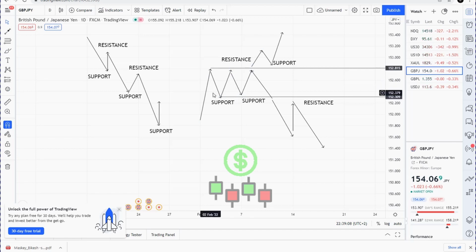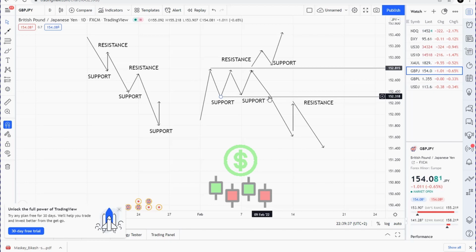Support and resistance can be broken, and when support is broken, whenever price comes back to test that level, it changes, it becomes resistance. For example, here we saw price coming back down to test this support, and it failed to hold.